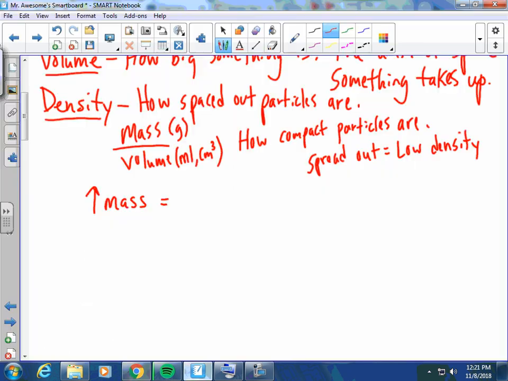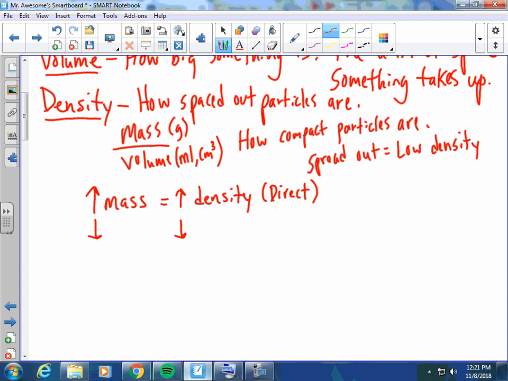Yes? So what we see with these arrows going the same way, what we call this is a direct relationship. Okay? So what do you think would happen if I kept the volumes the same, but I decreased the number of particles? What would happen to the density, do you think? It would decrease, right? So decrease mass, decrease density.